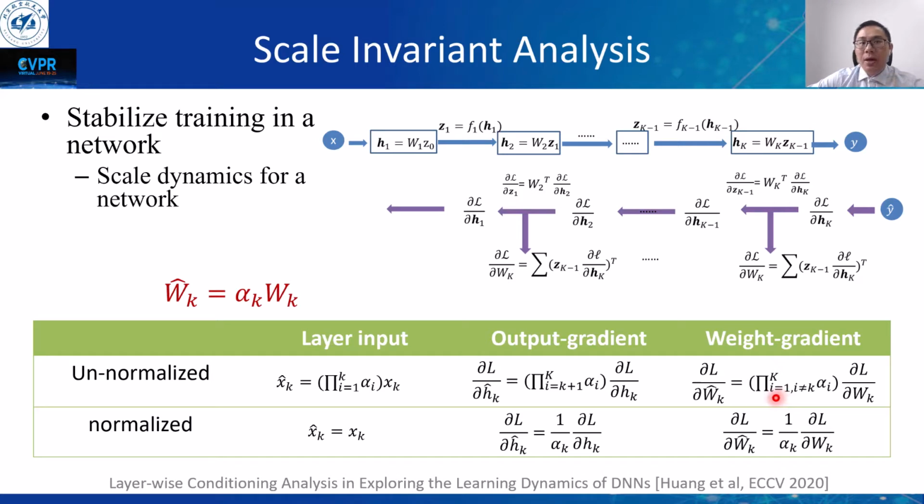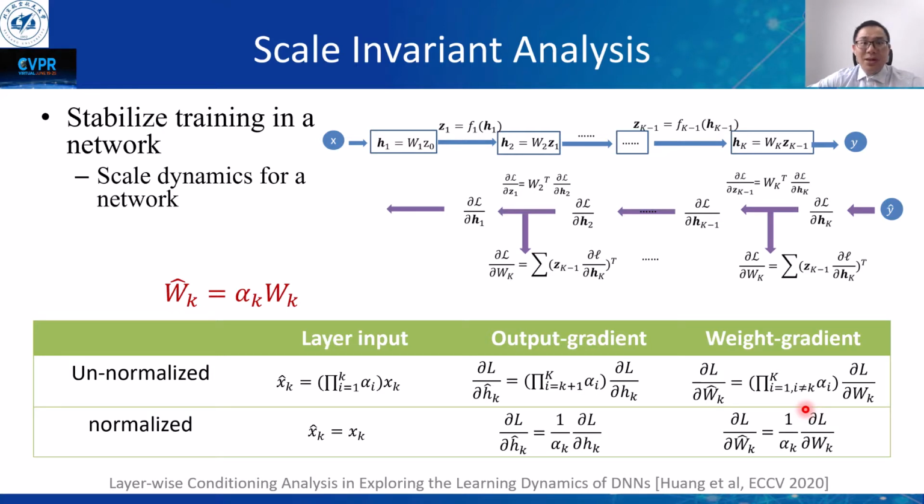Especially, if all alpha k are larger than 1, the weight gradient will increase exponentially in one iteration. Moreover, such an exponential increase in the weight gradient will be sustained and amplified in the subsequent iteration due to the increased magnitude of the weight caused by updating. That is why the unnormalized neural network will diverge once the training loss increases over a few continuous iterations.